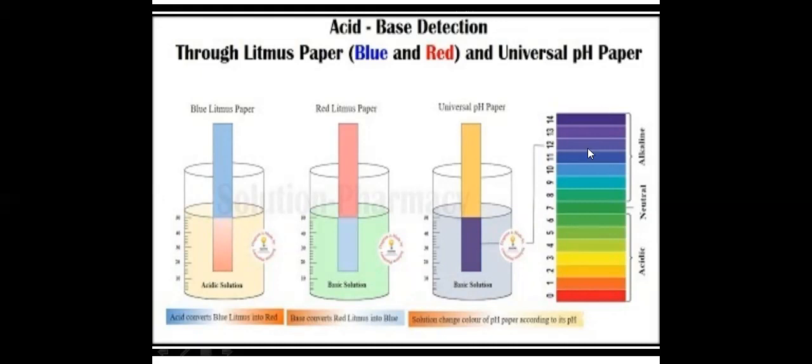Suppose this purple color shows that the pH of the solution is 12, and as this pH is greater than 7, it means that the solution is basic in nature, and pH less than 7 means that solution is acidic in nature, and pH 7 is neutral solution. So by using pH paper, we can also identify the nature of a solution, whether it is acidic or basic or neutral.